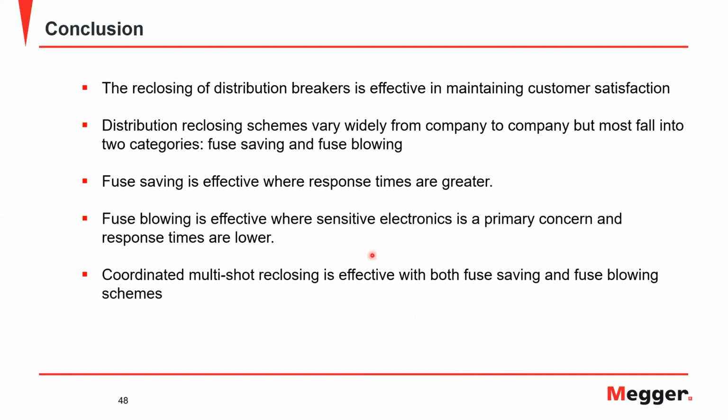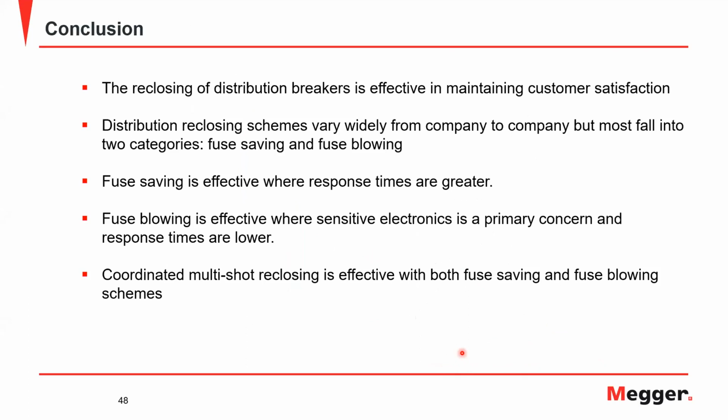Okay, so in conclusion, the reclosing of the distribution breakers is effective for maintaining customer satisfaction. Distribution reclosing schemes vary pretty widely, but they generally fall into the 2 categories of fuse saving or fuse blowing.